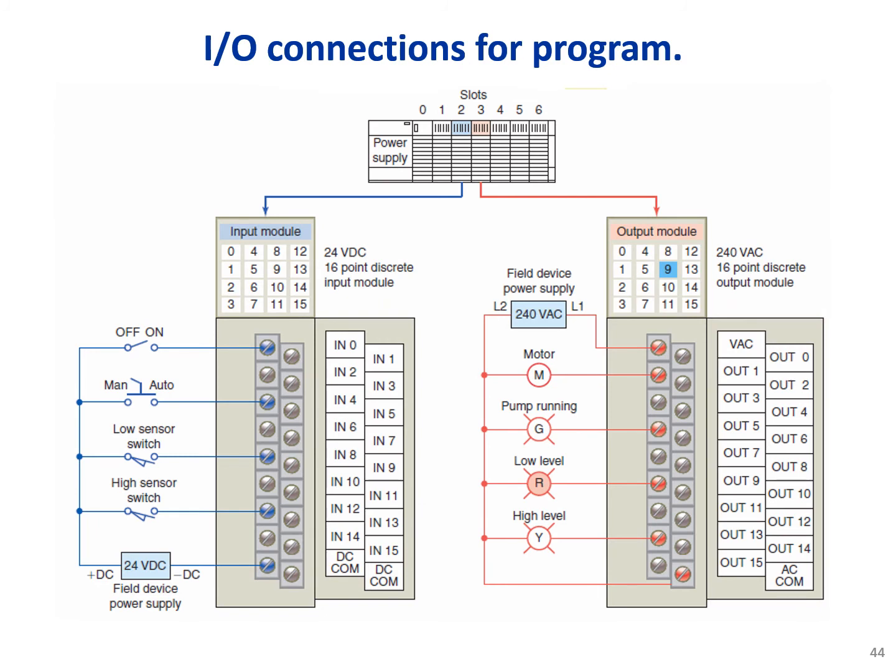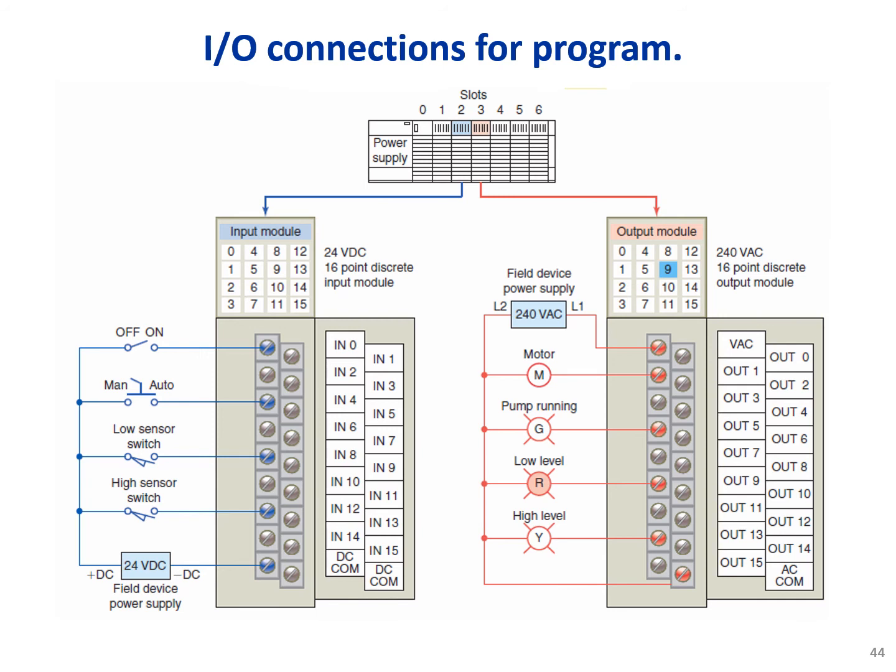I/O connections for the program. For the previous example, we have the I/O connections, the input devices and output devices, and you see how we have connected them to the input and output modules of the PLC. For example, the on-off switch is connected to input 0.